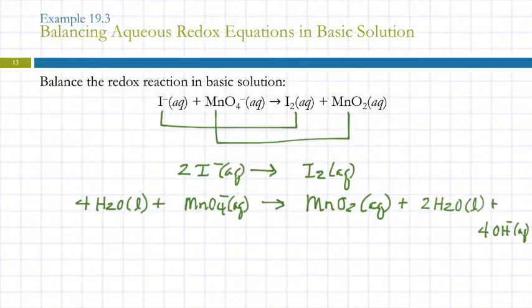Okay? Now, I've got 2 H2Os over there, and I've got 4 over there. What's up with that? So I just basically have 2 water molecules that are spectators. So I could simplify that out if I want. Or I could leave it alone and take care of it later. I'd rather take care of it now since I'm talking about it.